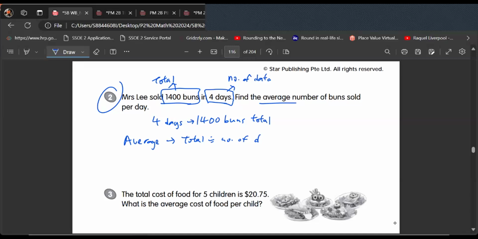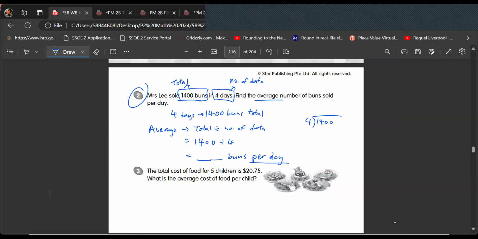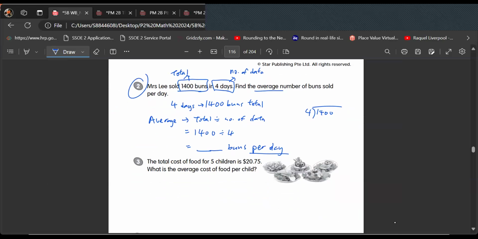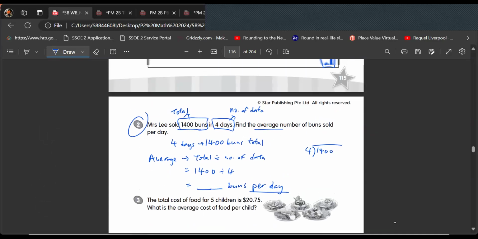In this case, it equals 1,400 buns divided by 4 days, and then you get the buns per day. It's just like how you do rate. You get per day. Moving on to the next one. I think we have finished this pretty quickly.